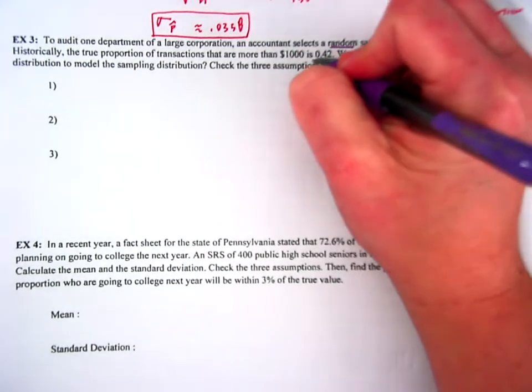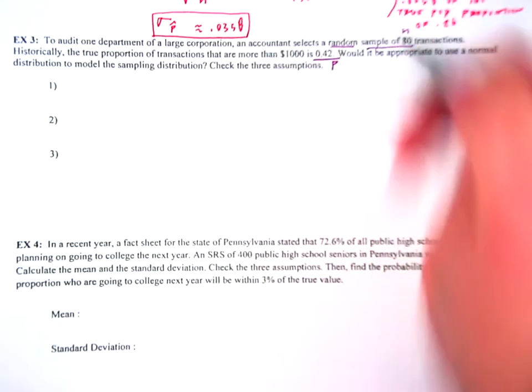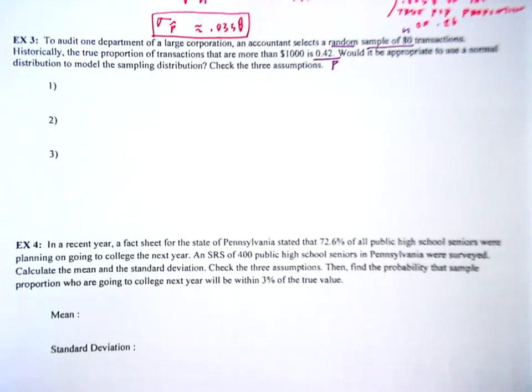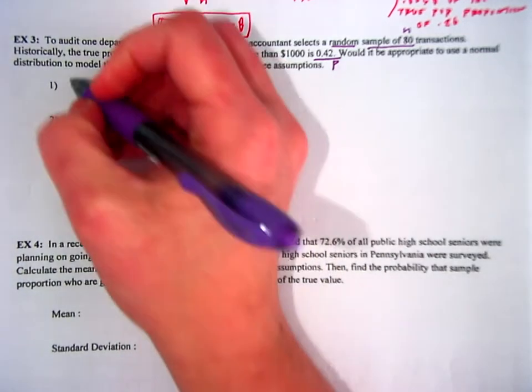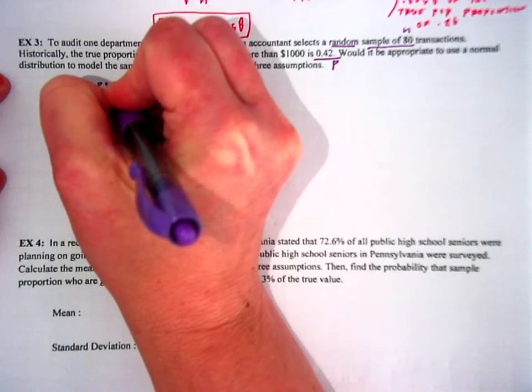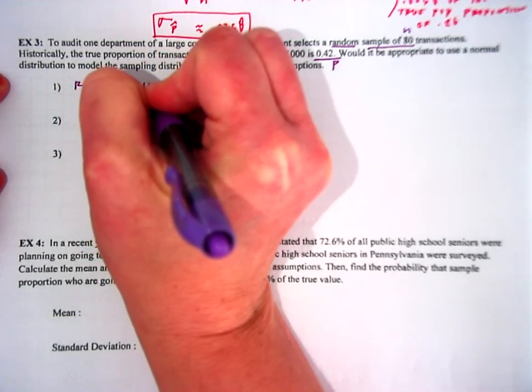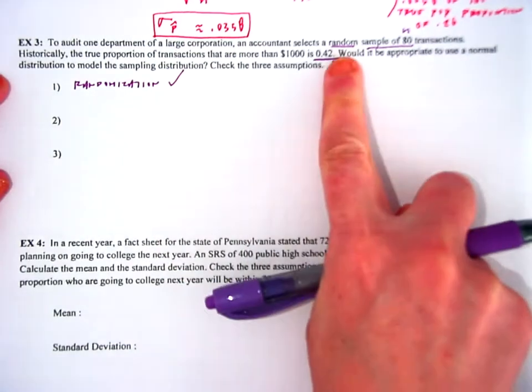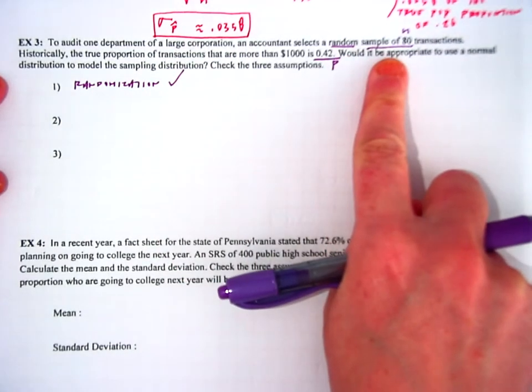So would it be appropriate to use a normal model? So the three assumptions. So first, do we have randomization? And we can give that a big check. We're told that language right here where it says random sample. Okay, the 10% condition, let's check that one. So here, is it explicitly telling us?